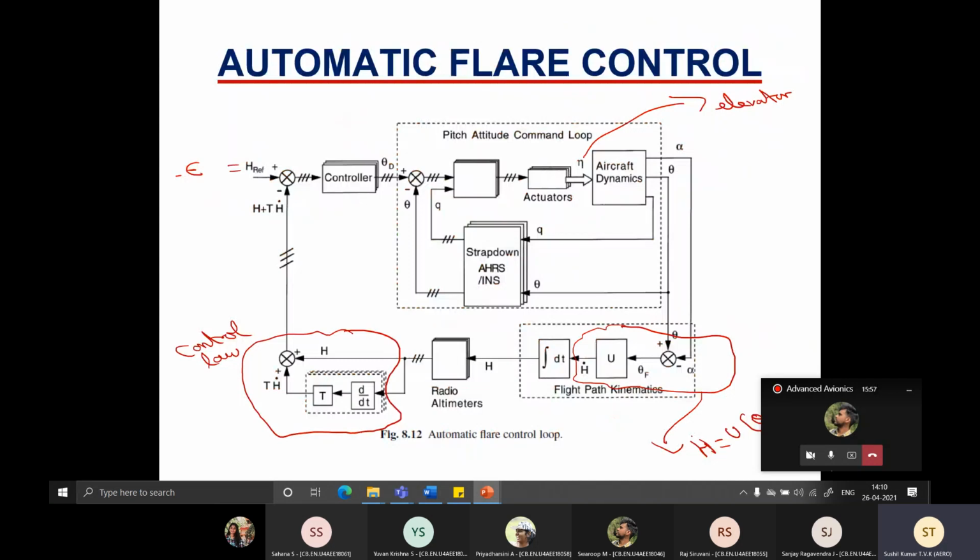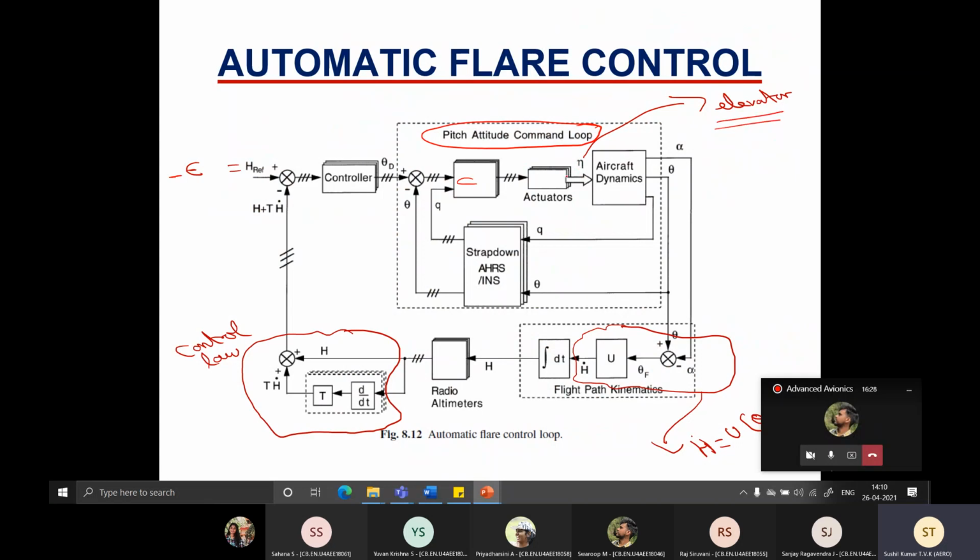Though it looks a bit complicated, we start with this very small epsilon, a negative value, some controller, and which gives the desired pitch attitude. This pitch attitude control we have already seen in the autopilot, how you control the pitch attitude. So you have theta desired and some controller which will deflect the elevators.